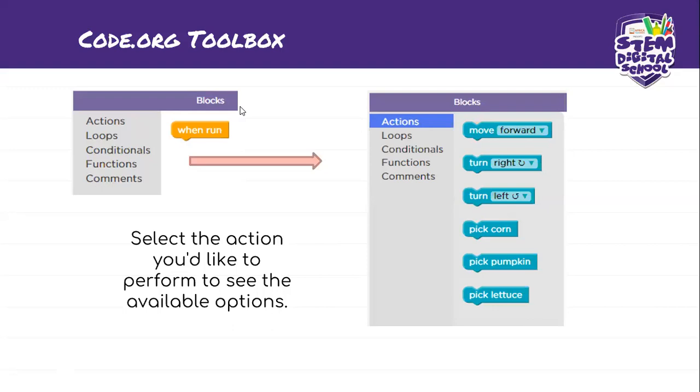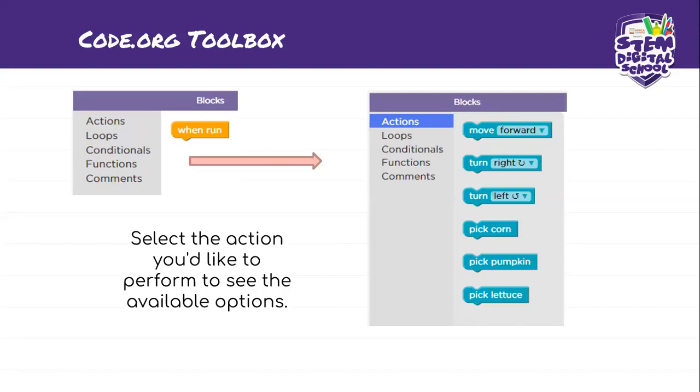So for example, now they will only give us a category. So here we have actions, loops, conditionals, functions, and comments. So for example, if we are looking for a function or an action, you have to go click on the option you want. So select the action you'd like to perform to see the available options.